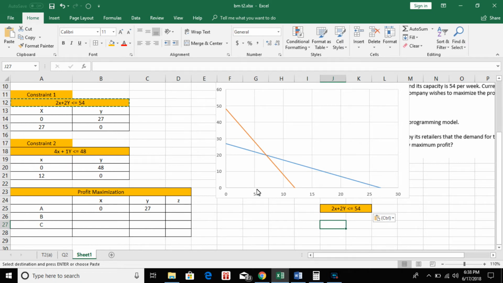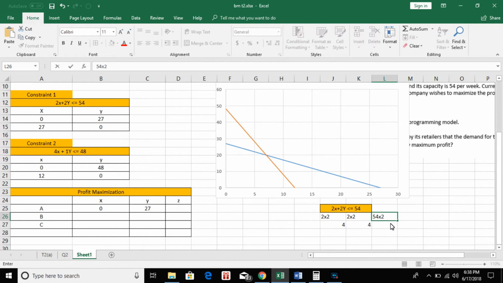Then we will subtract that value from the second constraint. So first of all, 2 multiplied by 2 is 4. 2 multiplied by 2 is 4, and 2y multiplied by 2, 2 multiplied by 2, we get 4, and 54 multiplied by 2, we get 108.